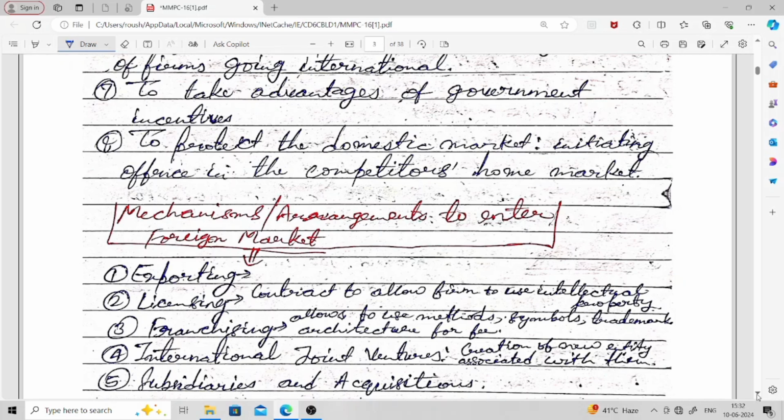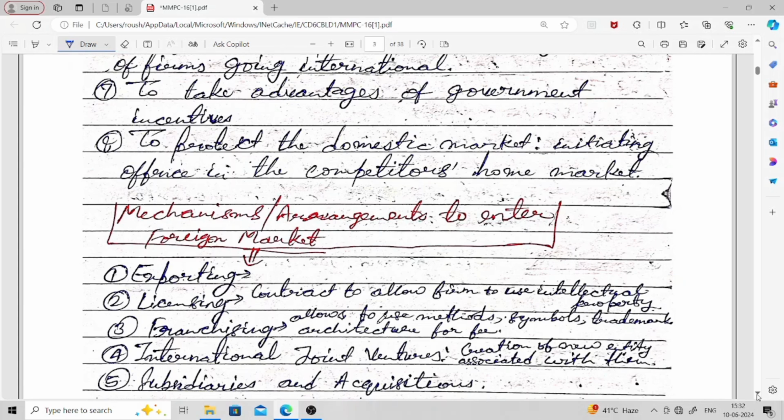The company which came for doing international business is going to be demotivated, or can be provided stiff competition in their homeland. So these are the causes of why firms go international.